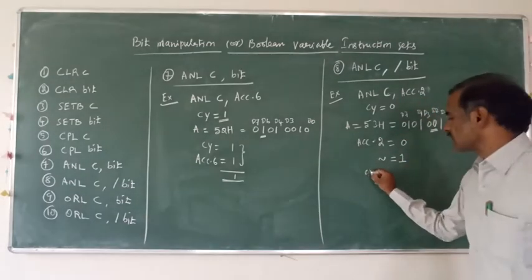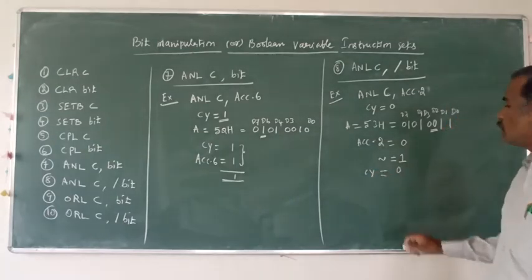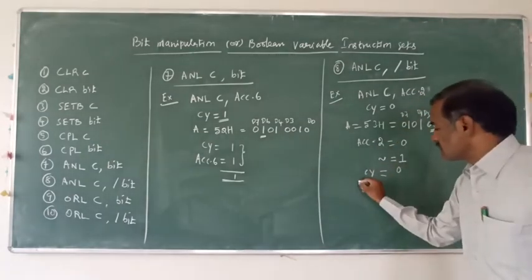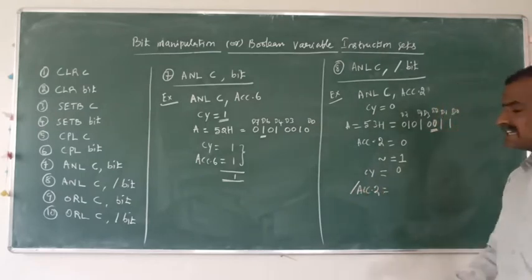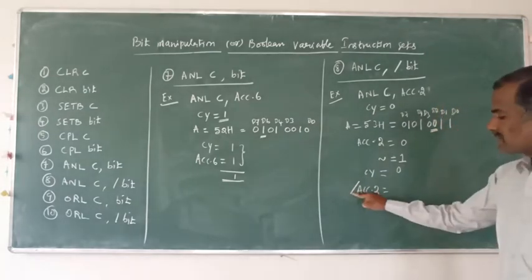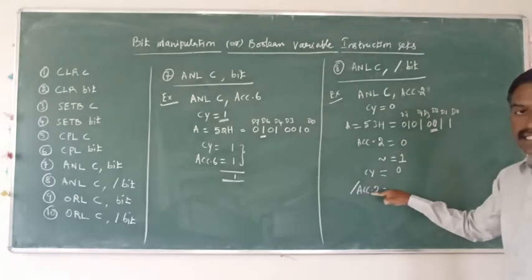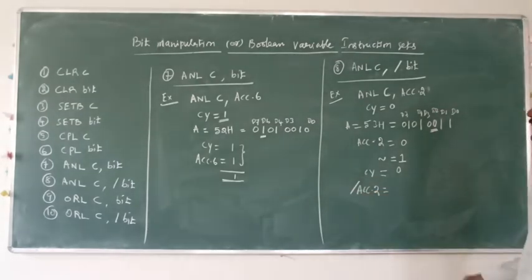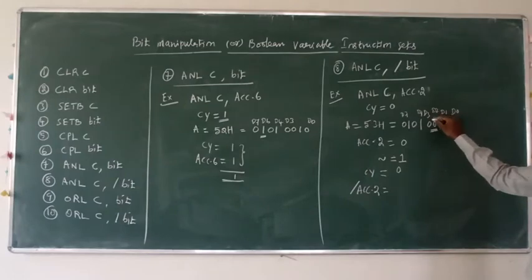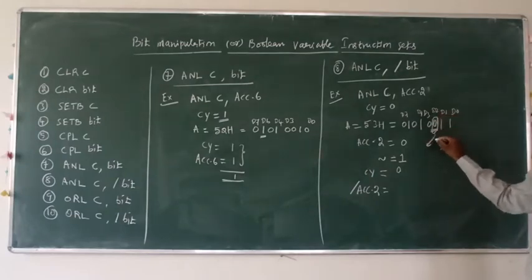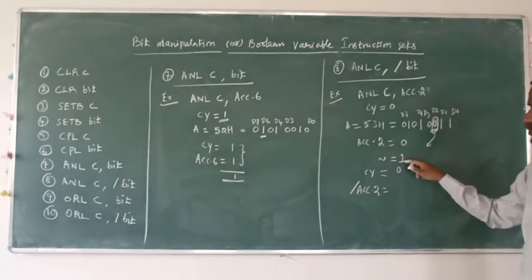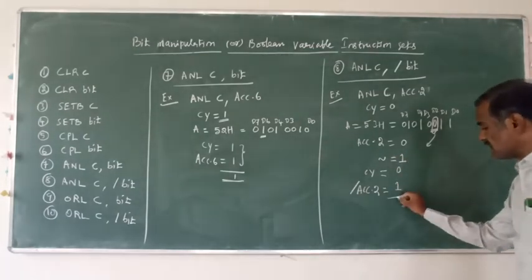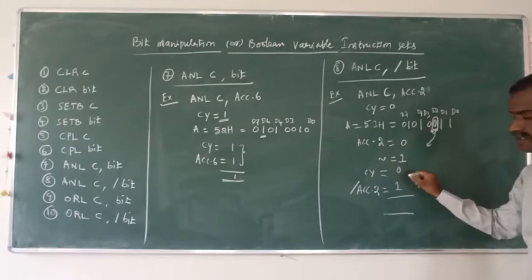Carry. Here the carry equal to 0 and slash ACC.2. Complement of accumulator content second bit position data. Here the second bit position data is 0 and then complement. Here the complement changes into 1. Now logically AND these two data.